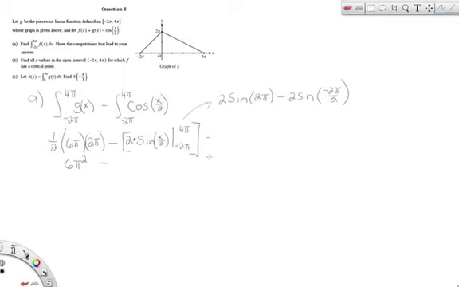So unless I've done something really, really wrong, the answer for that portion is 0, and the answer to the whole question is simply 6 pi squared.